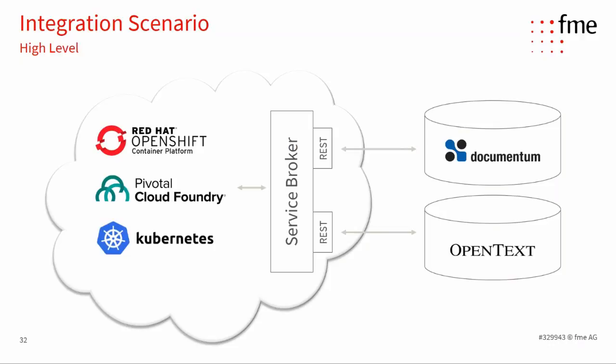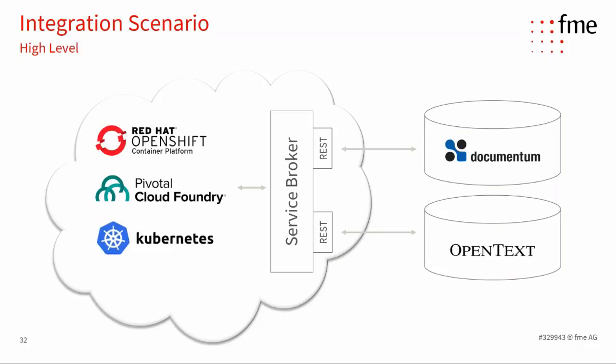The important thing here is the platform itself, and we have those three platforms here. There are some more in the market, but as I mentioned, these three have a lot of market share here, and in future they all act in the same way when it comes to integrating existing systems.